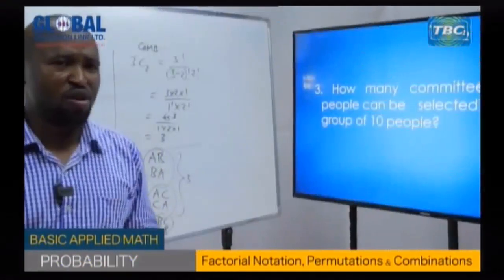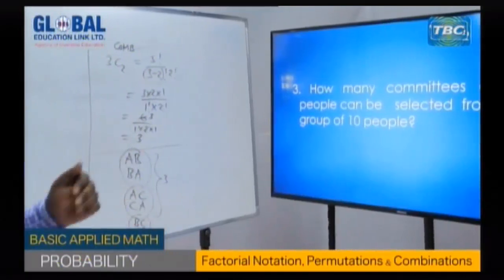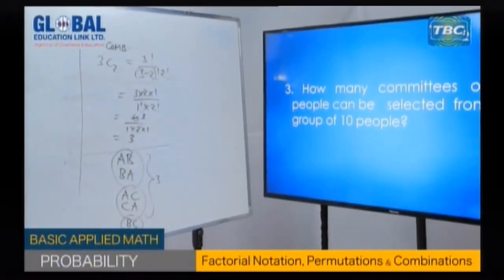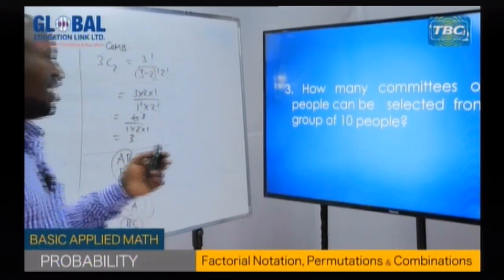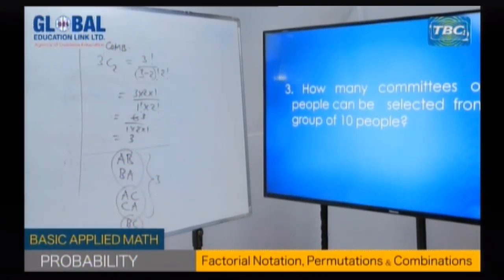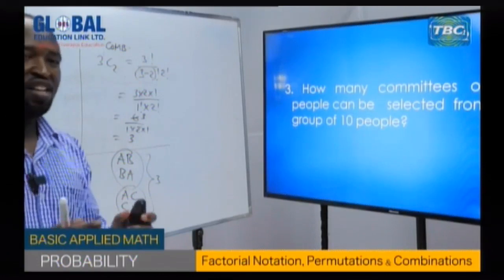Try to read the question again and see whether the question falls in permutation perspectives or combination perspectives. My dear student, selection of a committee, the order is not important. This question falls in combination.